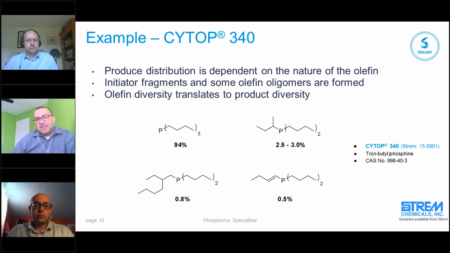As a result of the side reactions of the radical chemistry, that's accompanied by some isomers like the secondary alkyl group shown in the top right. There are also some oligomers or telomers and some elimination products present in very small quantities.